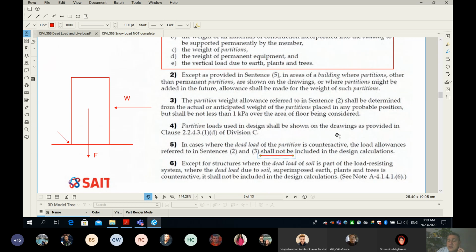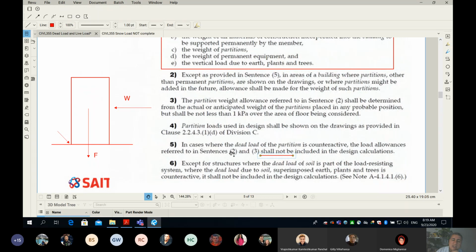When the code says may not, it is different from when the code says shall not. Shall not means a must. It means a designer shouldn't include the partition load in this case only. I'm not saying in general. I'm saying this creates an exception. It means when the partition wall load is counteracting the wind load, please ignore it.